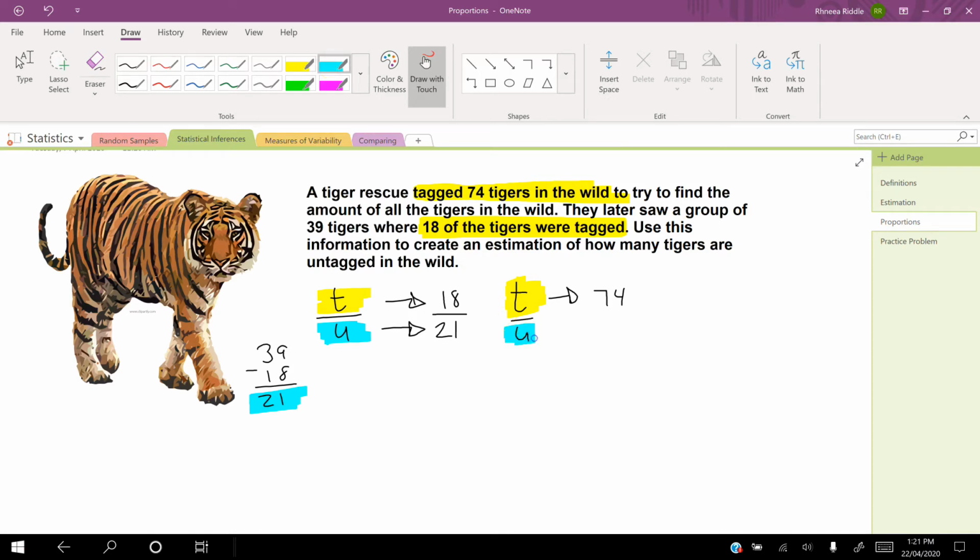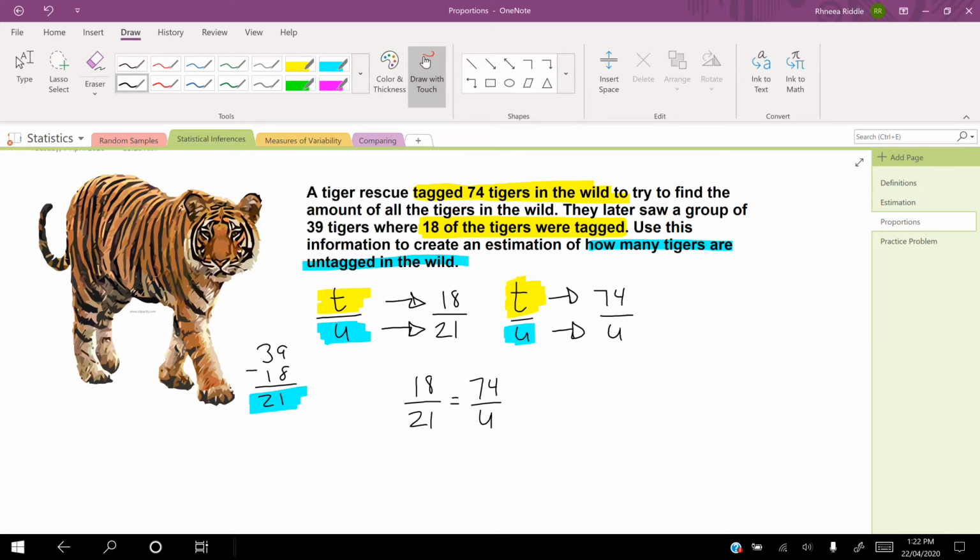So this untagged, we are looking for it. So this U for untagged is going to stay the same. Now the thing about proportions and estimations is we want to try to get them as equal as possible. So we're going to go ahead and set this up to each other. So 18 over 21 is going to equal 74 over U. U stands for our untagged.